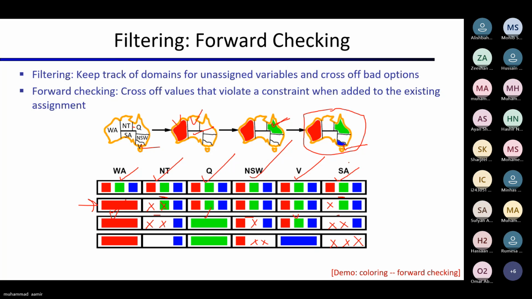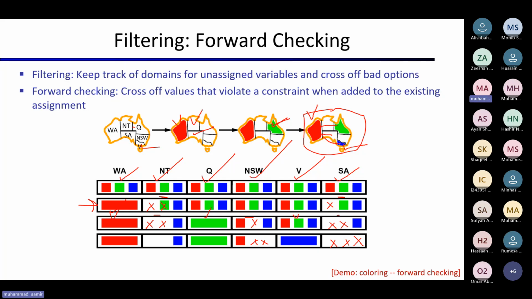So we will see this before the assignment. That's why the name is forward checking. Once we assign the red color to this state, we will see all these combinations.